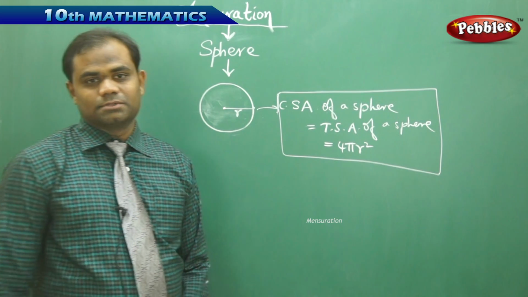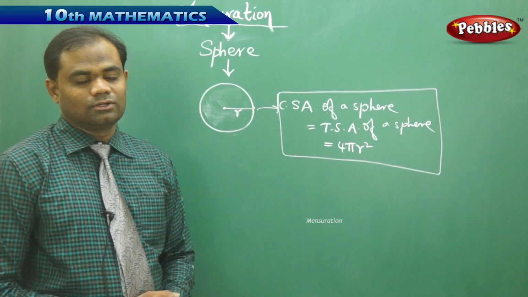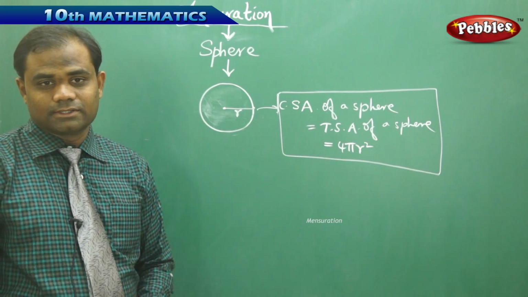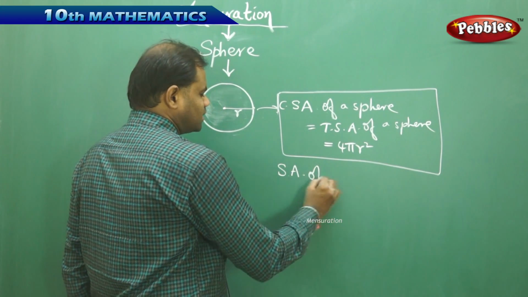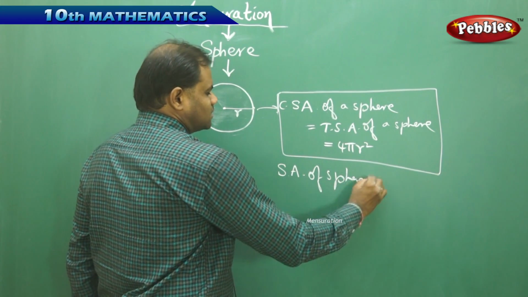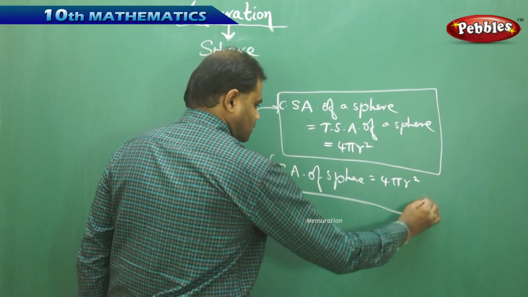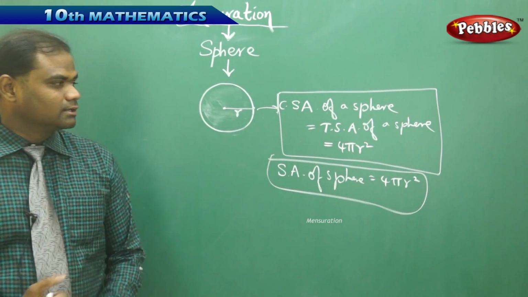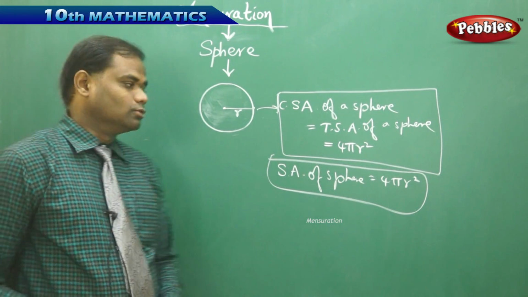The proof of which is beyond the syllabus. Now because the curved surface and total surface are equal in a sphere, we simply call this the surface area of sphere, which is 4 pi r square unit square. Now next comes the volume.